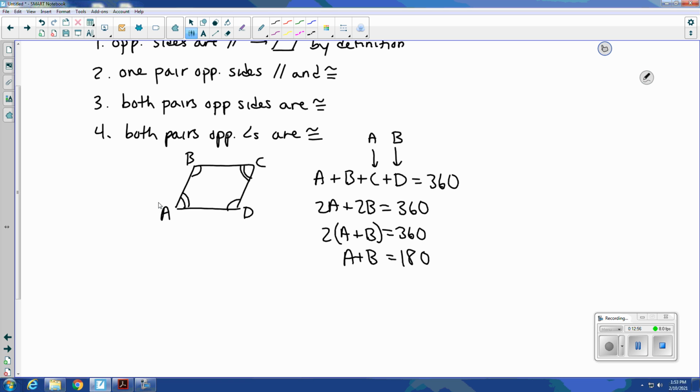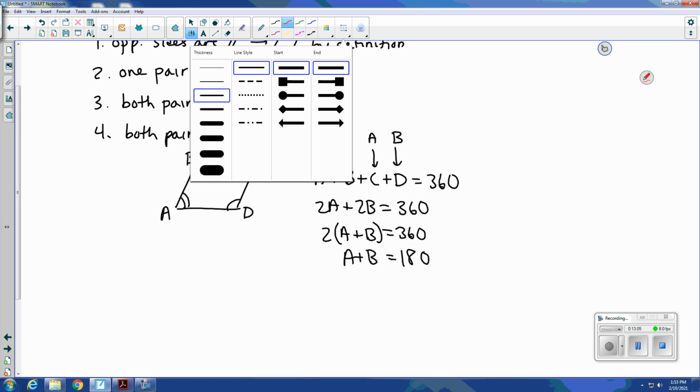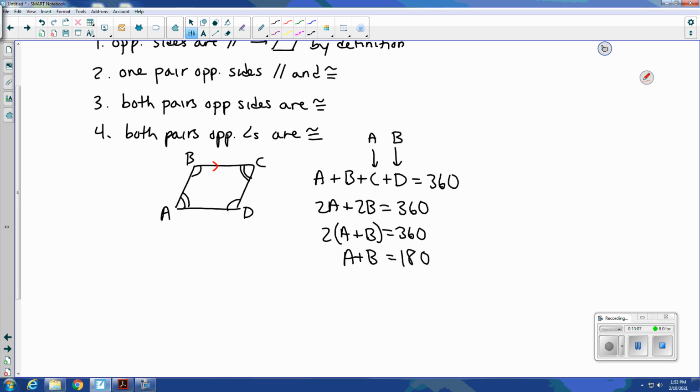Now, if A and B are 180, then those two angles are supplementary. And if we have consecutive angles that are supplementary, then we know that these sides are parallel by the converse of same side interior angles theorem. And using that same idea, if B is the same as D, then A and D are also supplementary.